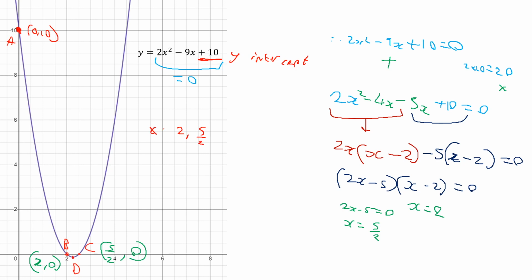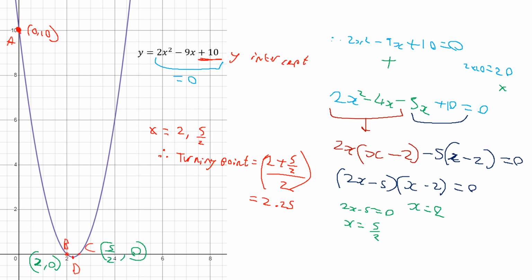So the turning point is going to equal the average of those two, which is 2 plus 5 over 2 divided by 2, which is equal to 2.25.